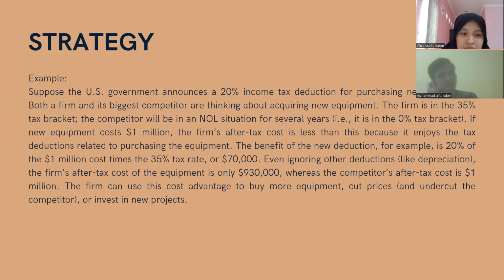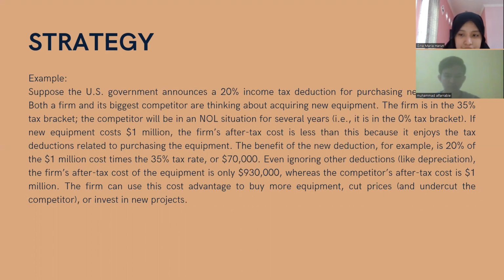If the new equipment costs $1 million, the firm's after-tax cost is less than this because it enjoys the tax deduction related to purchasing the equipment. The benefit of the new deduction is 20% of the $1 million cost times the 35% tax rate, or $70,000.